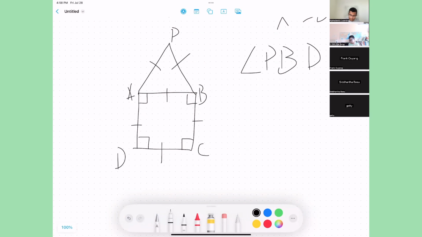Basically, what you can do is draw a line like right here. This is a diagonal, by the way, as we discussed. We can draw a line like that.